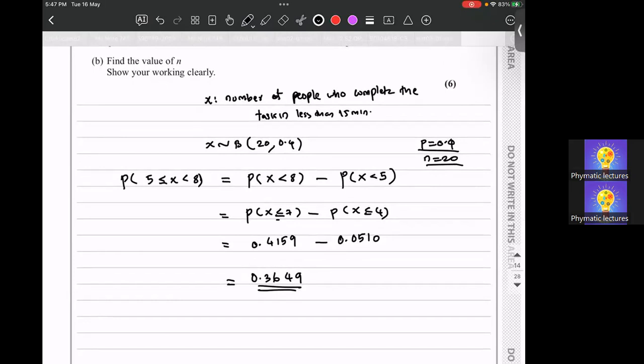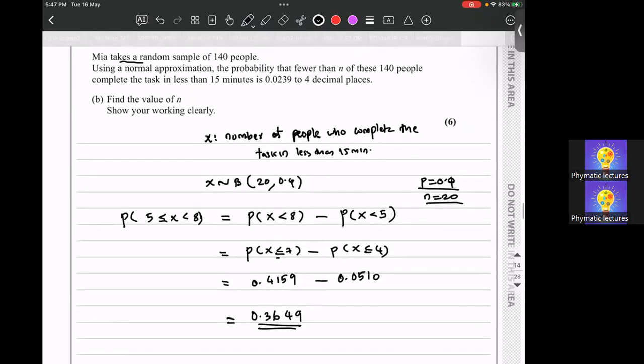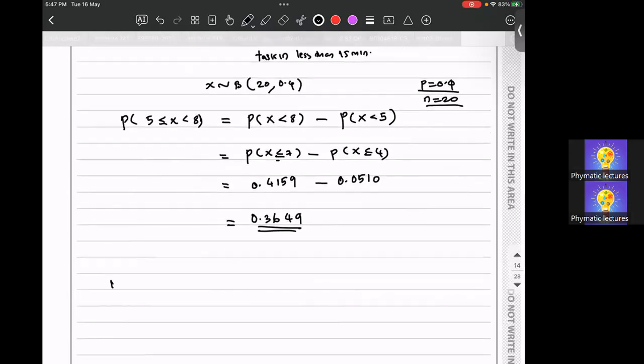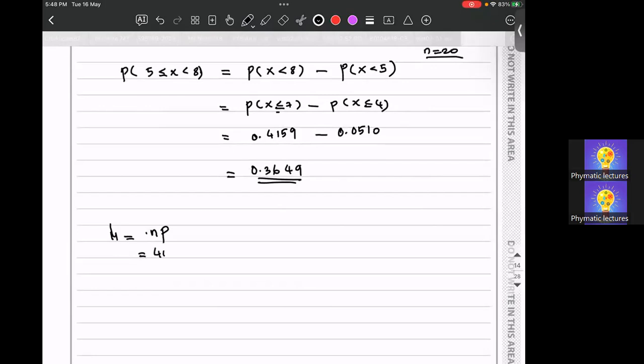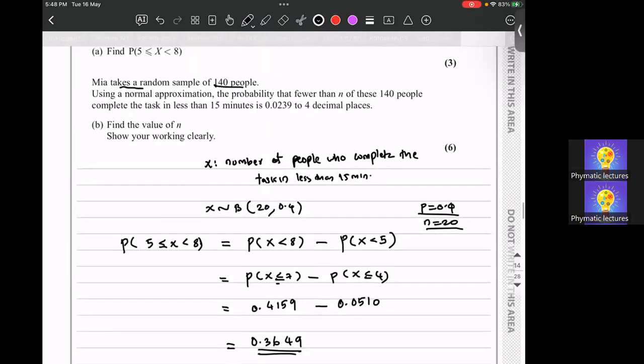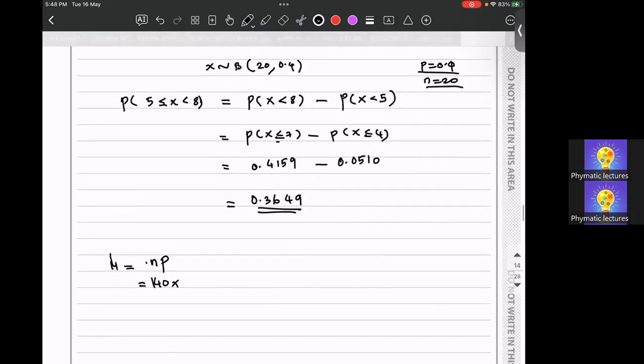And also the binomial distribution is now completely changing to a normal distribution. So what will be the mean? What is the equation for the mean? The mean is n times p. How many people altogether? 140. So 140 multiplied by the probability 0.4. That gives us 56.